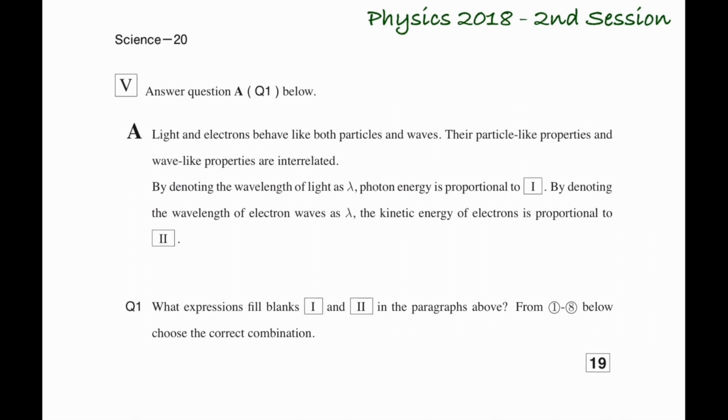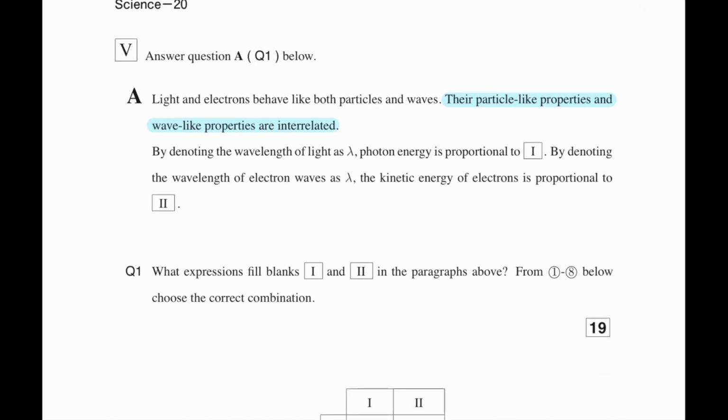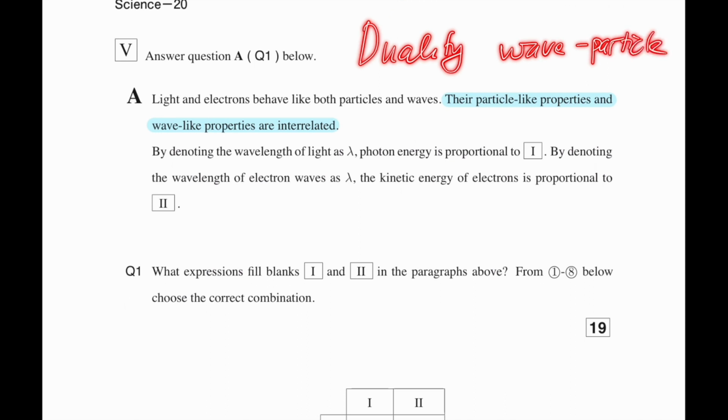For question number 19, light and electron behave like both particles and waves. Their particle-like properties and wave-like properties are interrelated. So, in this question, we talk about the duality of wave and particle.